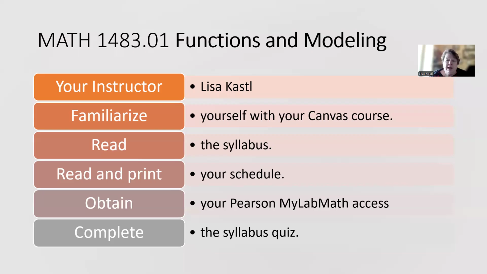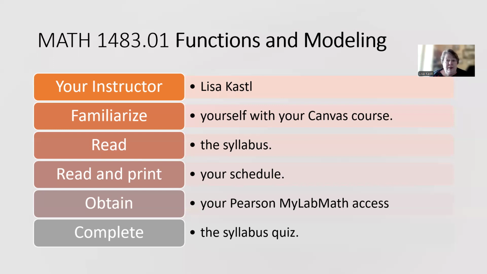You'll want to obtain your Pearson MyLab Math access as soon as possible. You can get 2 weeks temporary access for free. So you'll want to go ahead and get your access the first day of this course.